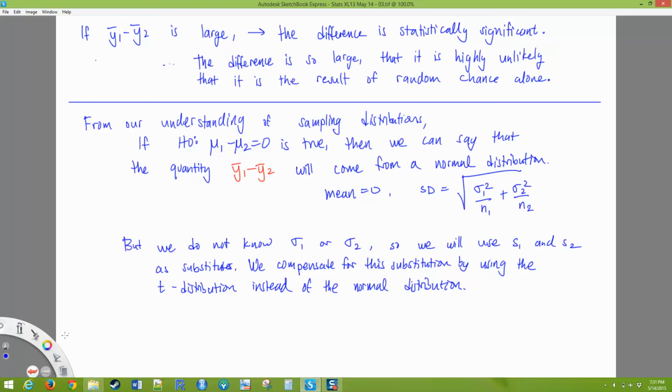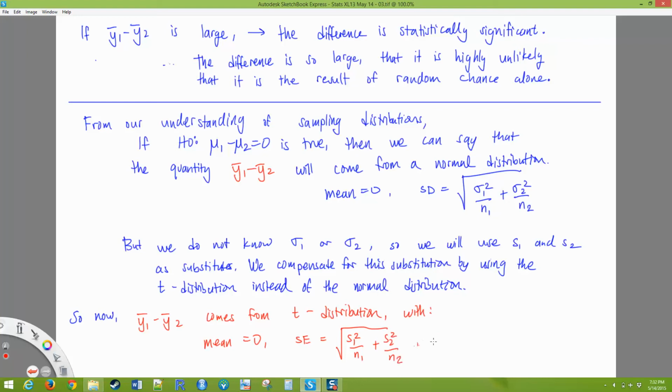So now we say y bar 1 minus y bar 2 comes from a t-distribution with mean equal to 0, standard deviation or standard error equal to the square root of s1 squared over n1 plus s2 squared over n2, and approximate degrees of freedom equal to n1 plus n2 minus 2.